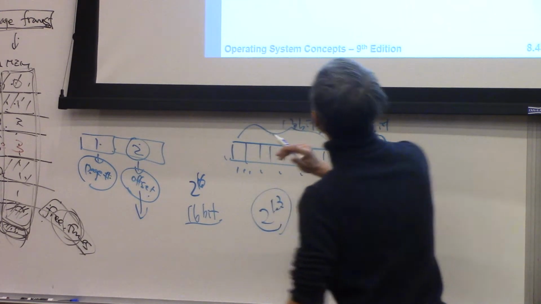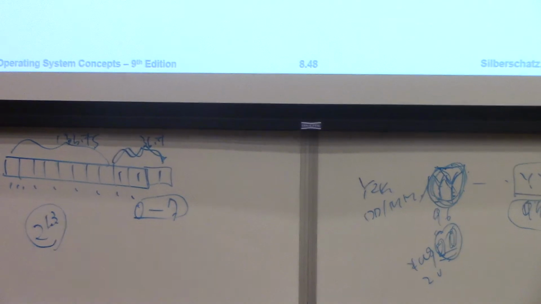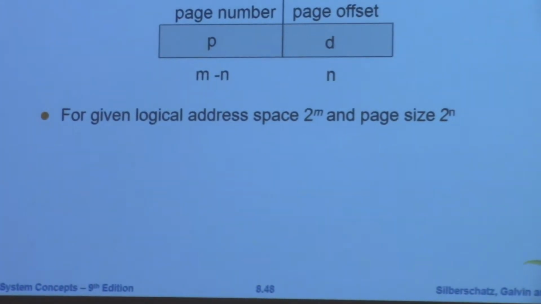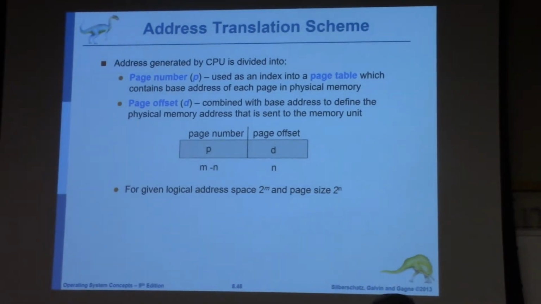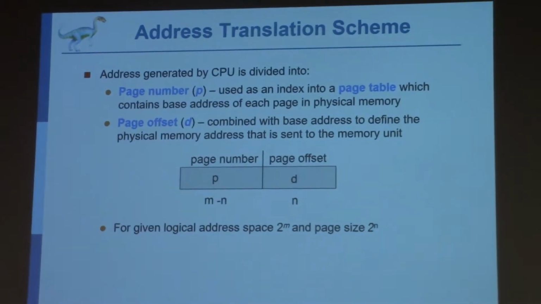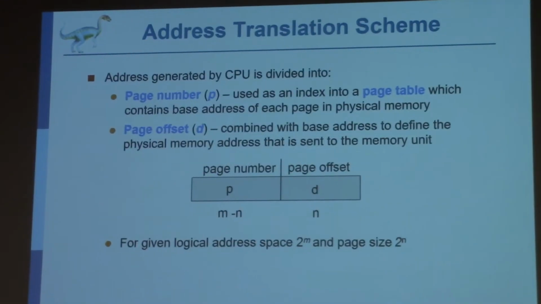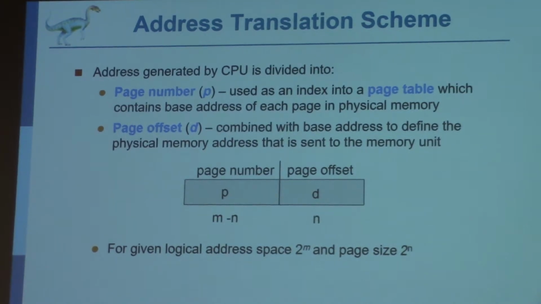But anyway, we are going to divide the addressing format into the page number plus the offset. The offset will be determined by the size of the pages. So what about a 512 byte page size? How many bits do you need to represent the offset? 512 bytes. 9.